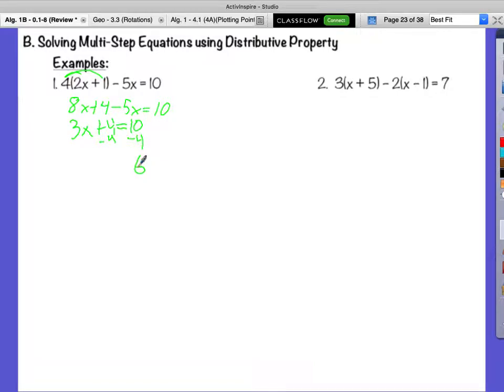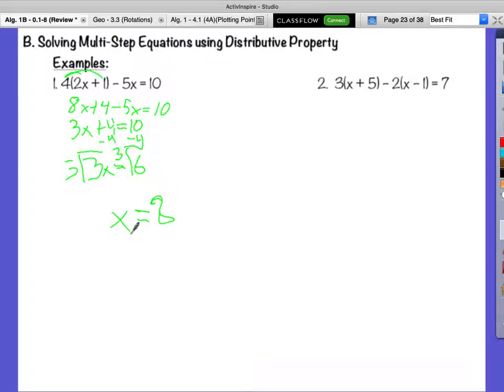That's 6. Divide by 3. So x equals 2, right? Very good.